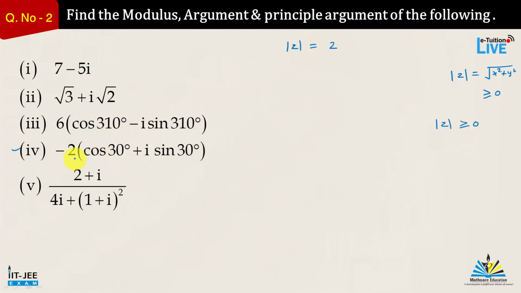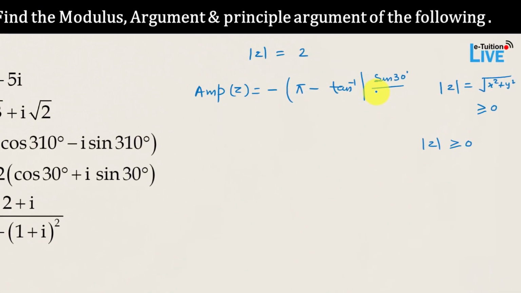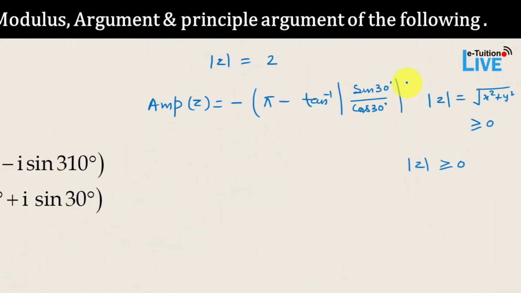And since this lies in the third quadrant, the amplitude of this complex number z will be calculated as minus of pi minus tan inverse mod of sine 30 degree upon cos 30 degree, and we haven't counted the negative sign here since it will cancel out.